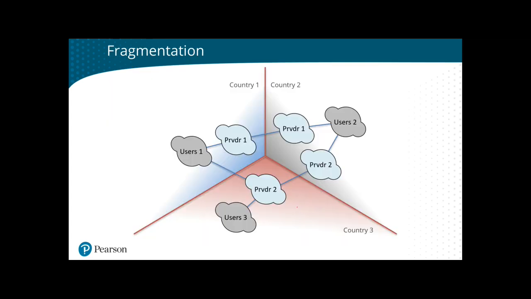Now, another thing is fragmentation that we're running into. A lot of countries want you to keep the data within the country where the citizen lives. This helps drive fragmentation. Another thing that helps drive fragmentation is that these large companies live in different countries.